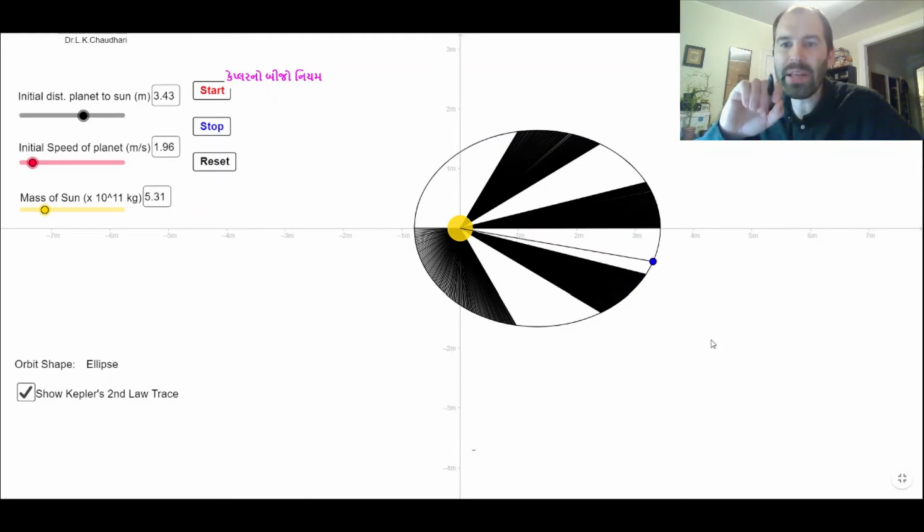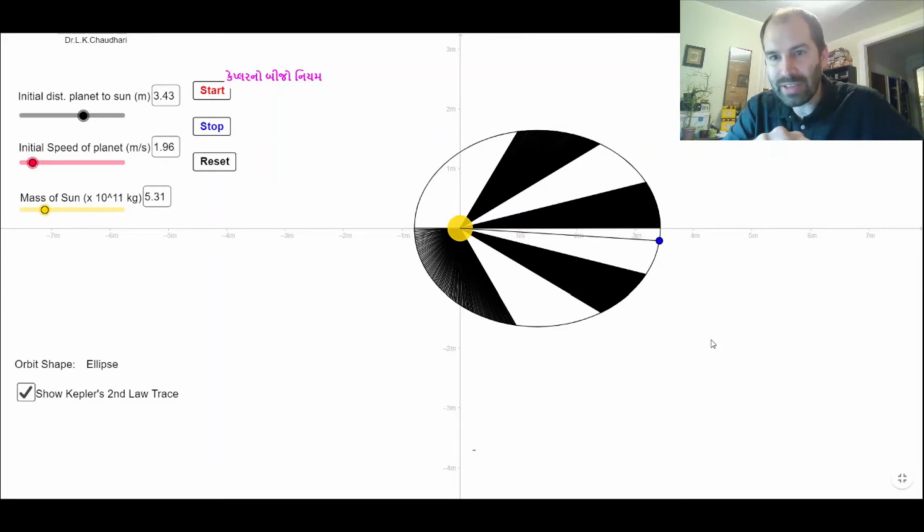And what's happening here is if we look at these sectors, these black sectors that are being traced out, these 3-second intervals, all these sectors have exactly the same area. Now notice what the implications of this are. That means that when that object is far away, because the areas are necessarily bigger when it's further away because they're elongated, the object must be moving slower.